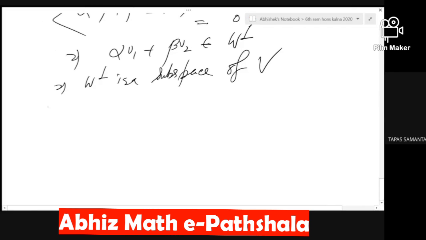And being a subspace, it should be noted that the orthogonal complement of the linear span of W will be W perp itself.